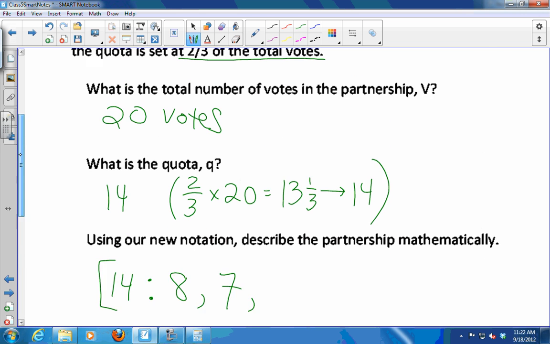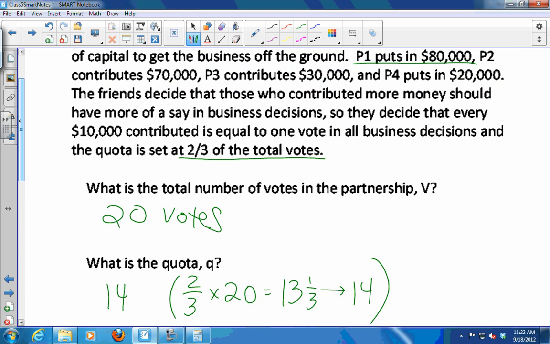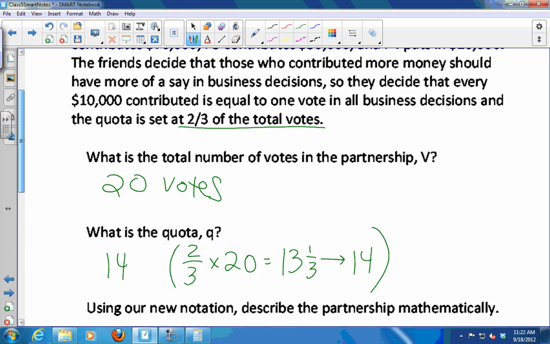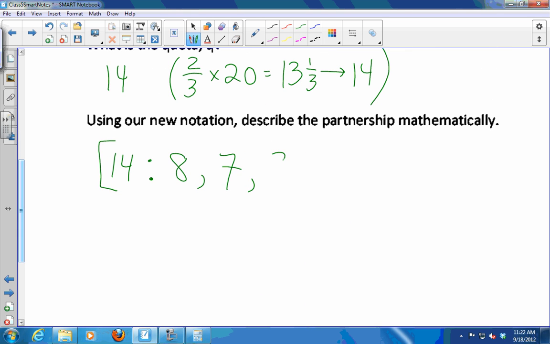And then player 3 has 3 and player 4 has 2. So we had a whole paragraph to describe what was happening and how the decisions are going to be made in this business, and we just condensed it into this really short notation.